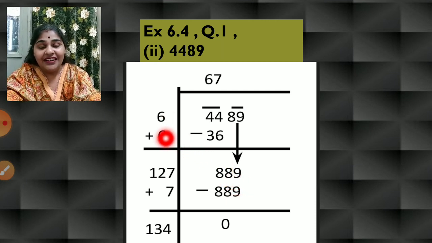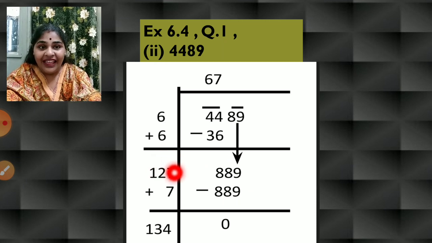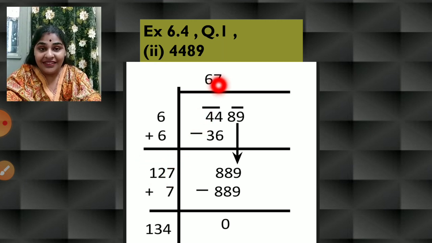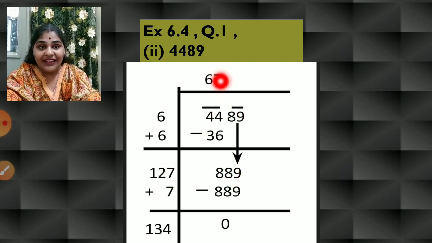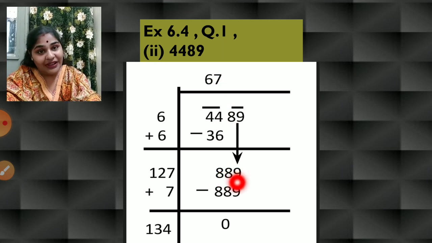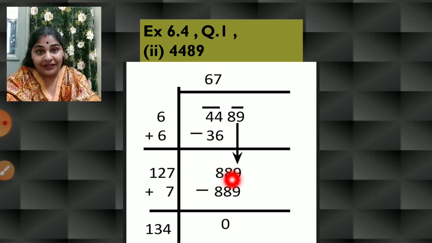Here again I will add the same number, 6 plus 6 is 12, and after 12 there will be a blank where you have to choose a number such that the product of 12 followed by that number and the same number is equal to or less than the number here. So I got 127 sevens are 889.